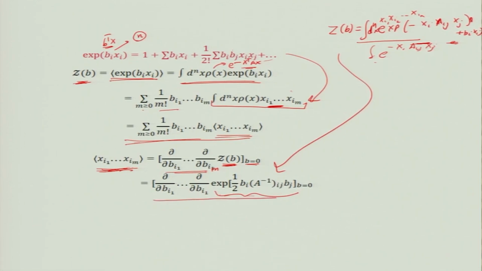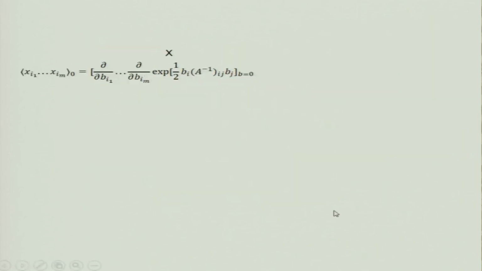Everybody is with me? It's a bit complicated maths. I said if you want the correlation, then you take the partial derivative with b's, the source terms, and then set b to 0. Okay, and this has the answer. Now, of course, we need to do it carefully and pull out the 2-point correlations, and that is here.